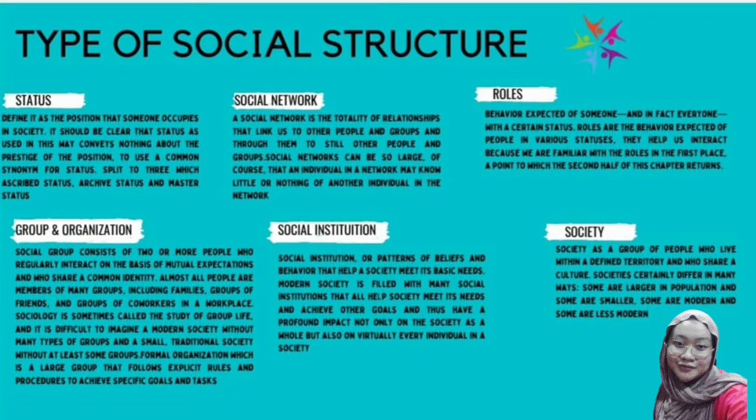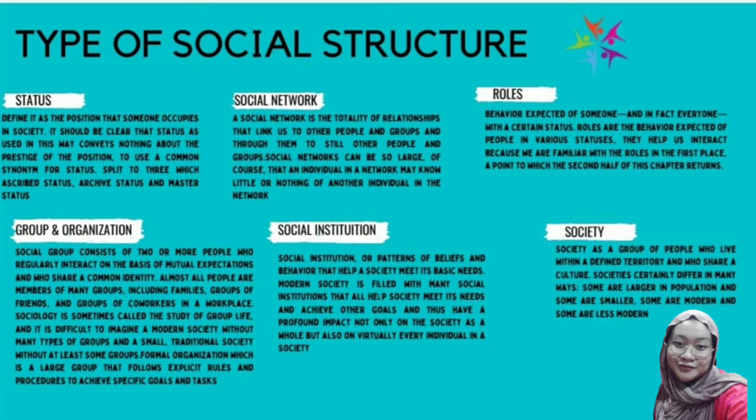Group and organization. Social group consists of two or more people who regularly interact on the basis of mutual expectation and who share a common identity. Almost all people are members of many groups, including families, groups of friends, and groups of co-workers in the workplace.